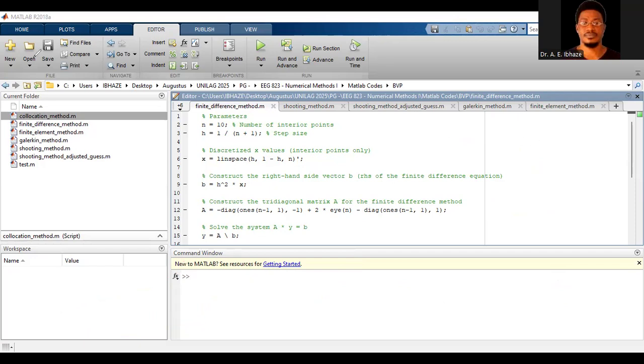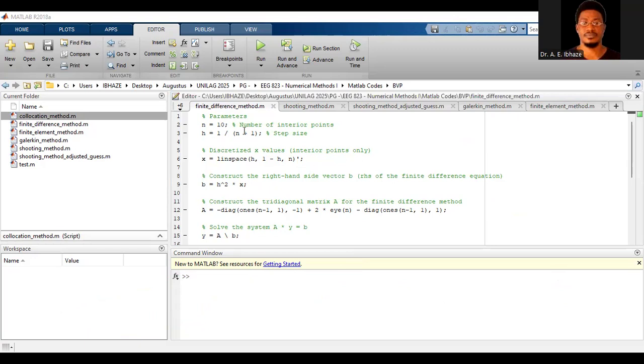And now, looking this up, we have provided the parameters for which n is the same as 10. So we are considering 10 interior points. So this will be 1 divided by 10 plus 1, that will be 1 divided by 11. So that will give us the number of intervals between 0 and 1. Then we will define the line space.